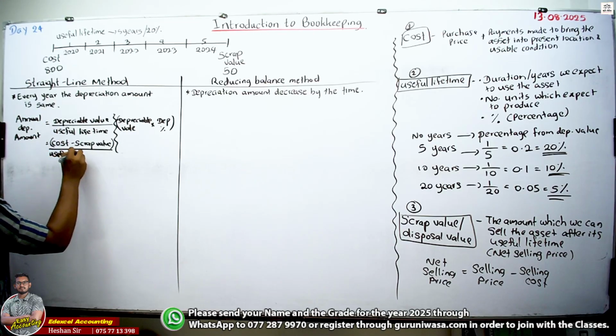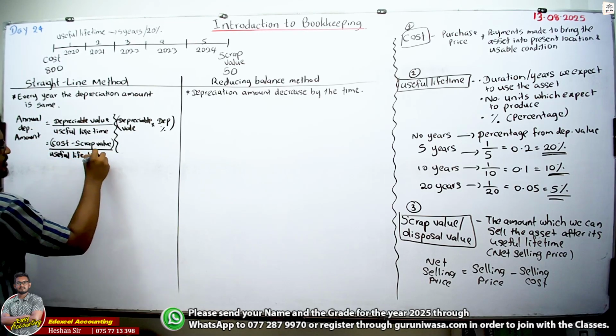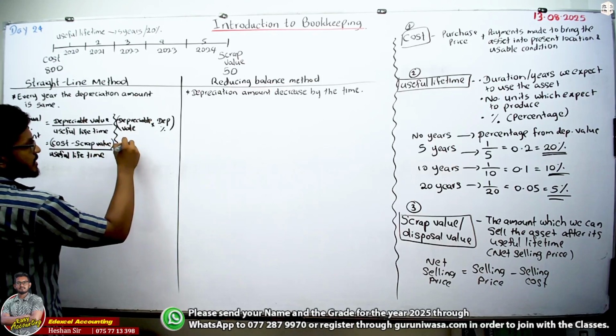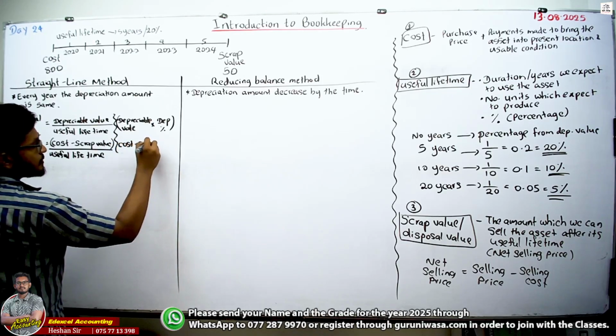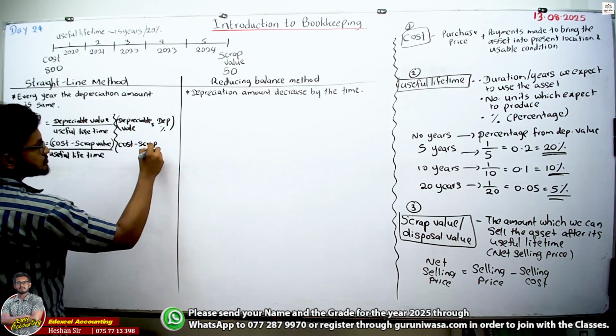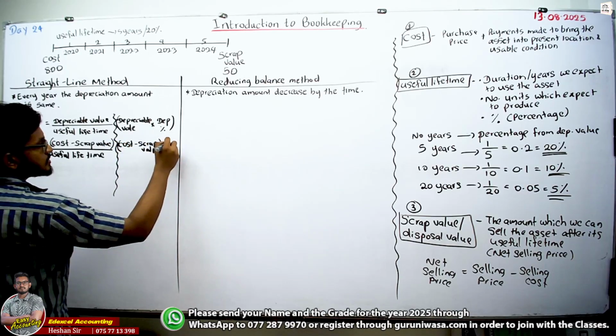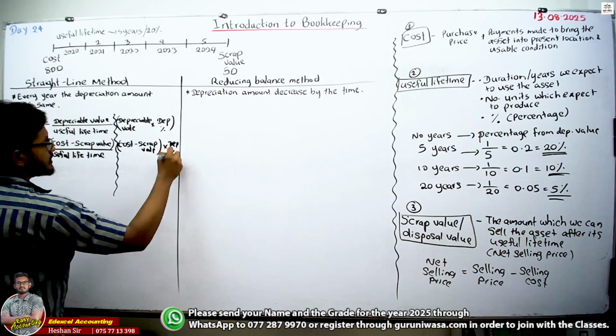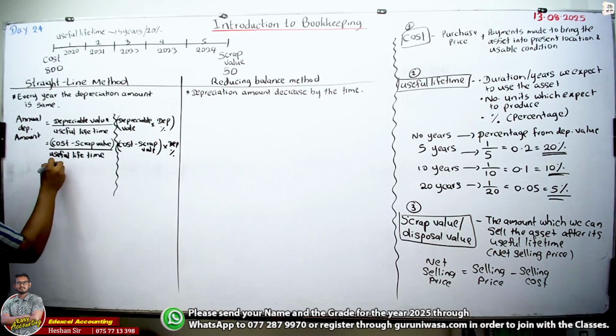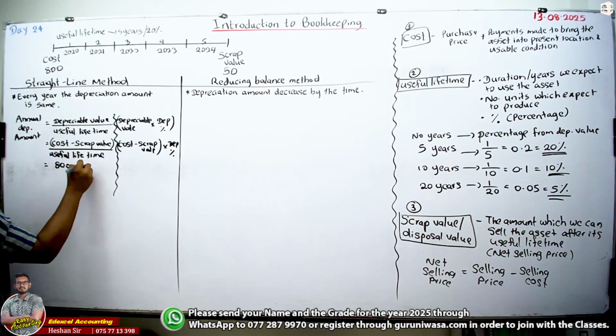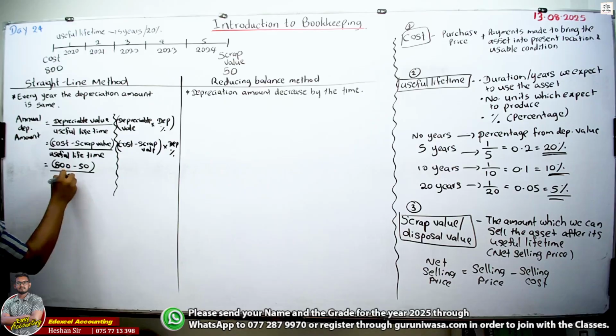Useful lifetime: here, cost minus scrap value, multiplied by the depreciation rate. Here cost is 800, scrap value is 50, useful lifetime is 5 years.